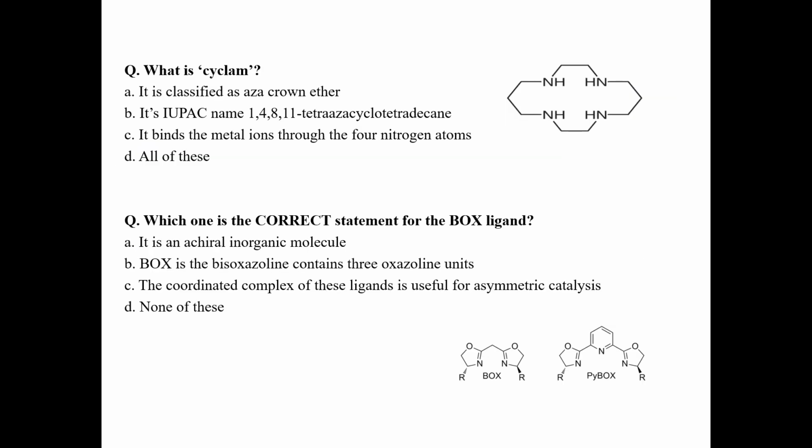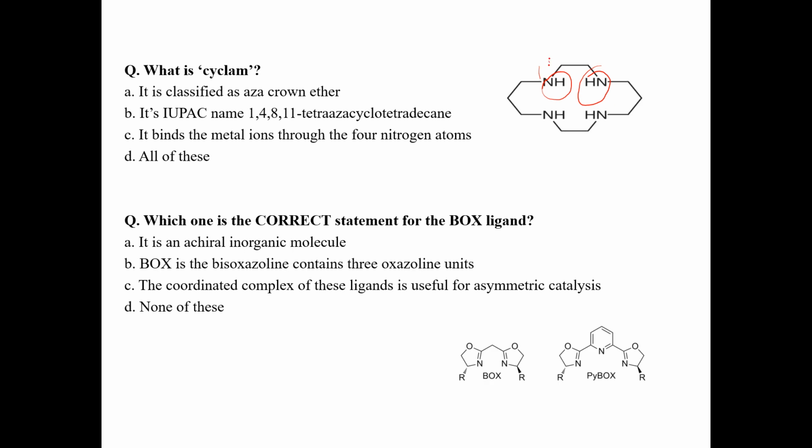So what is cyclam? It is classified as a crown ether, yes, because a crown ether has oxygen; since it has nitrogen, it is an aza crown ether. Its IUPAC name is tetraazacyclotetradecane.